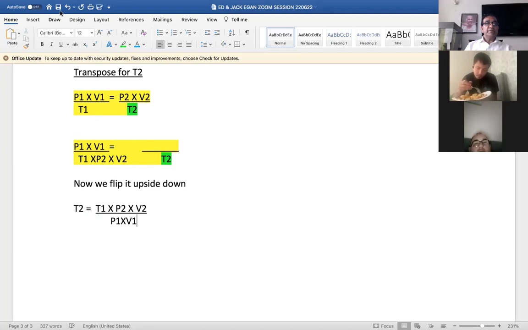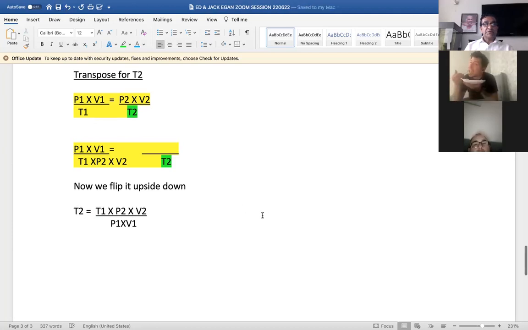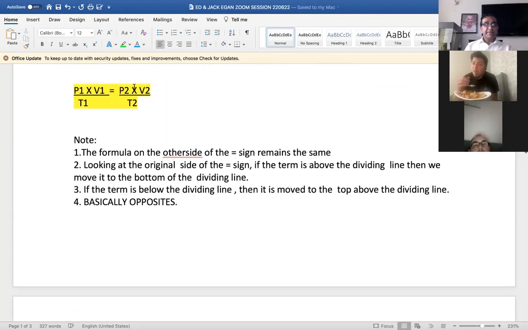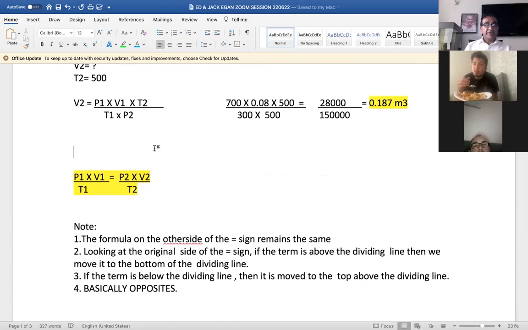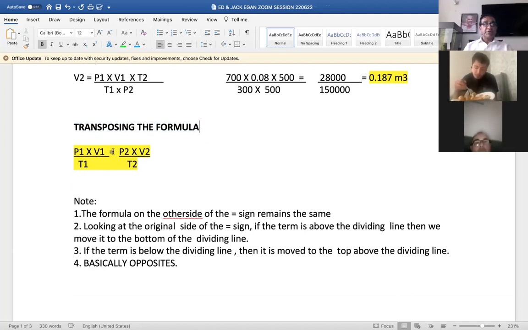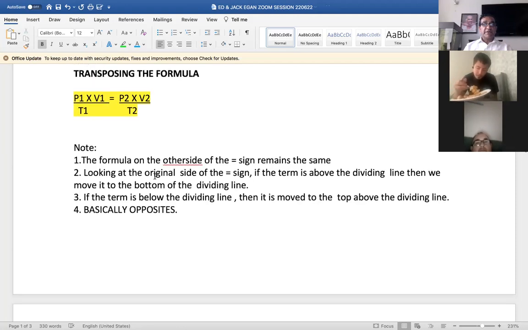So what we're saying is that we go through the formula there. I'm just going to write here as a heading: Transposing the formula. So we've got P1 times V1 over T1 equals P2 times V2 over T2. The formula on the other side of the equal sign remains the same.